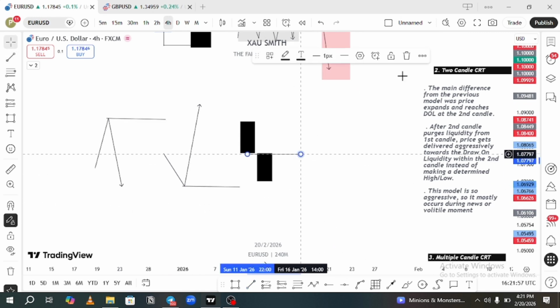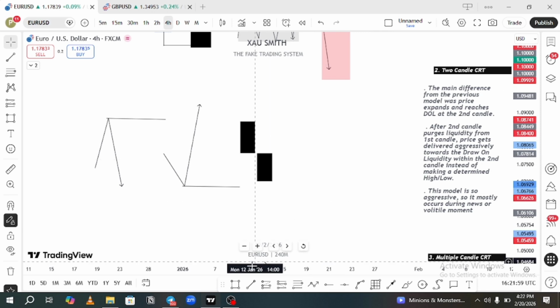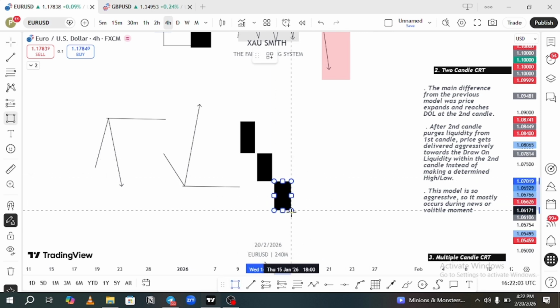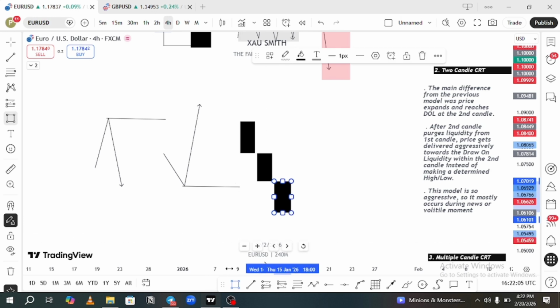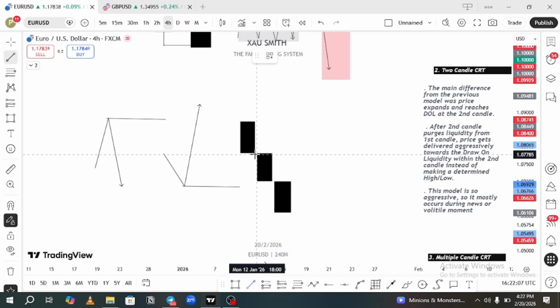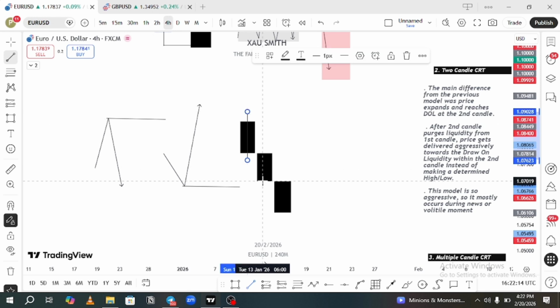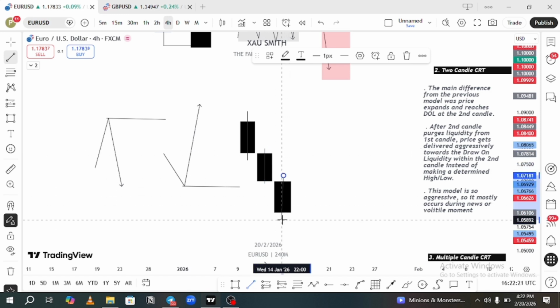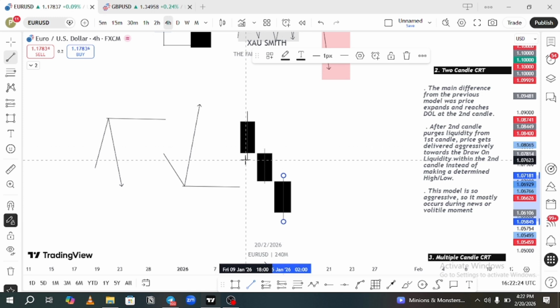Which is the fair value gap, right? Let me just draw that with this guy here. So the third candle, something like this. Then we have our wicks. Now this is the fair value gap we are talking about, which can be a key level, right?